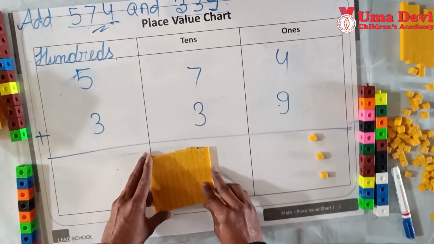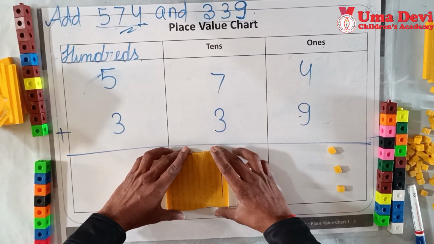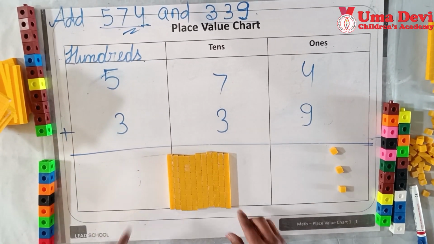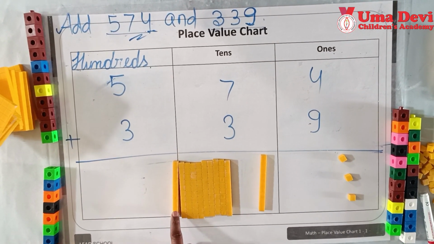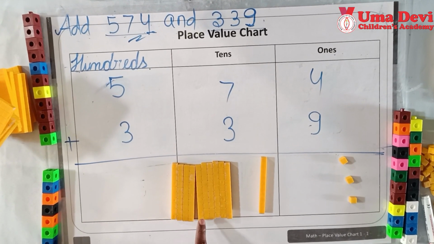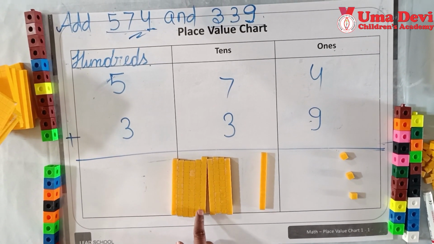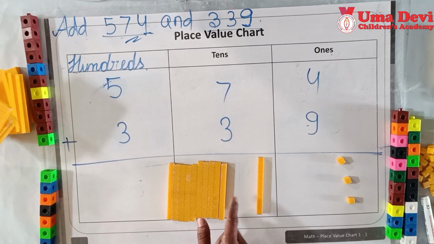So look here, and do you know how many tens? 11 tens are there. So this 10 here I am putting. 1 means 10, 20, 30, 40, 50, 60, 70, 80, 90 and 100.